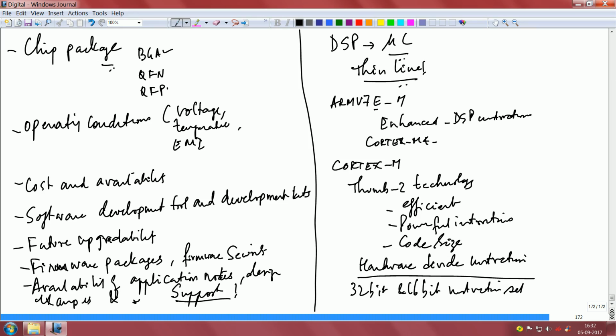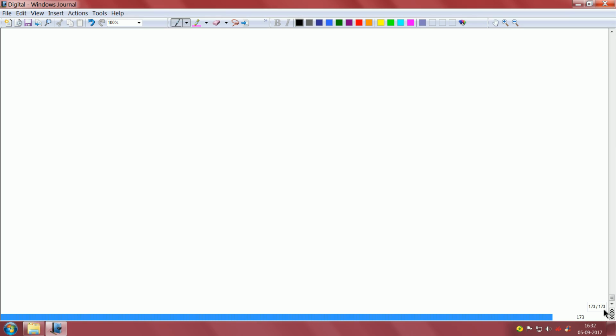It has both. So when you say Thumb 2, you are talking about all these nice features which are coming in the instruction set architecture, and obviously all these things will lead to energy efficiency, compact code size, and all the main features that we are really looking at.